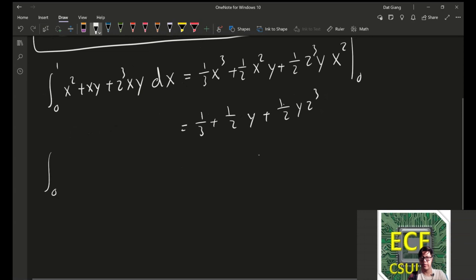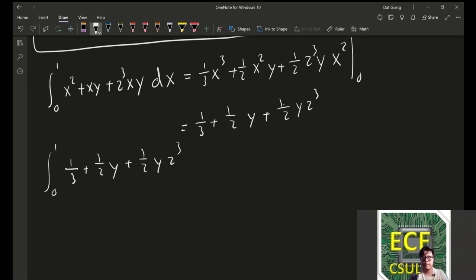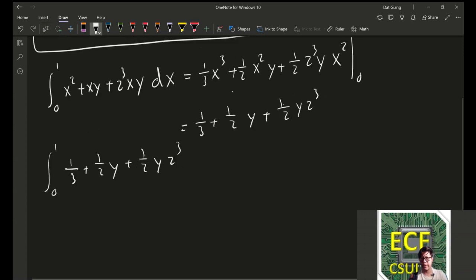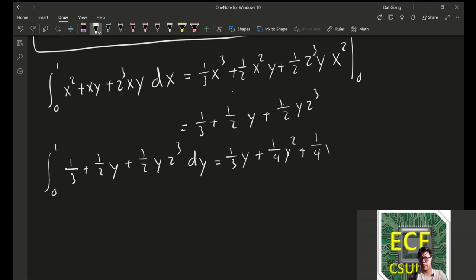So we integrate from 0 to 1 of 1/3 plus 1/2 y plus 1/2 yz cubed. In this case, after dx it becomes dy. So we have dy as given below. Here we have 1/3 y plus 1/4 y squared plus 1/4 y squared z cubed, evaluated from 0 to 1.